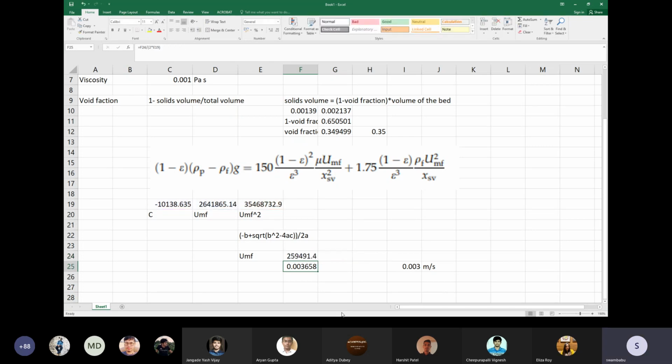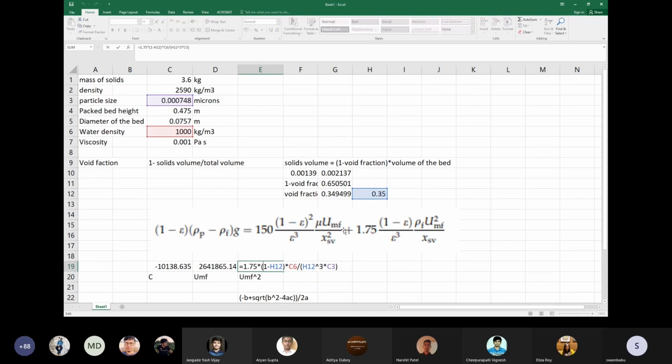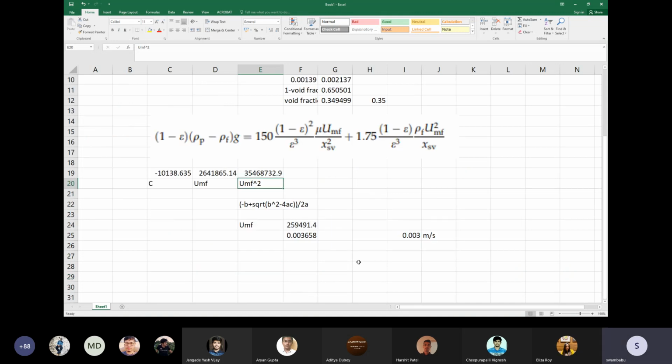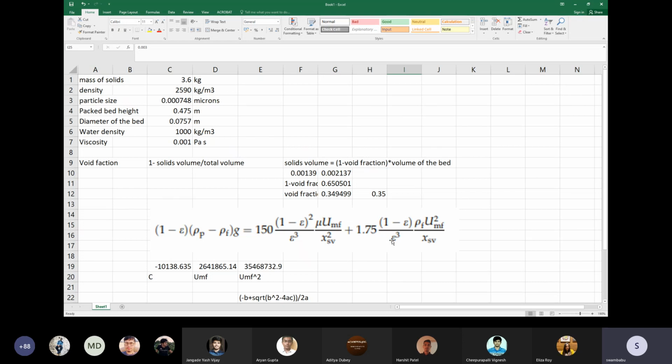Where did I go wrong? Why is it showing wrong? UMF is very little. It's not possible to get this low velocity. I'm making somewhere some mistake.